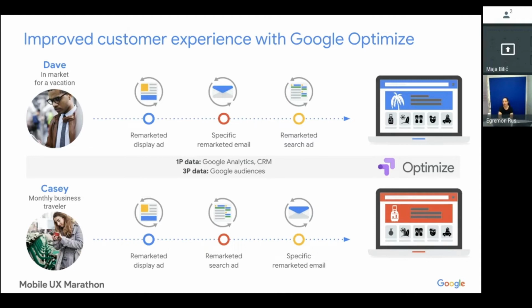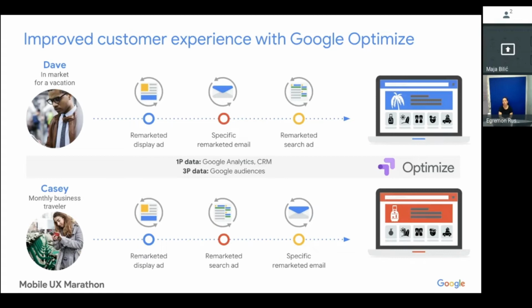He sees a display ad remarketing, he gets a specific remarketed email, and he gets remarketed search ad. He lands on a specifically tailored, personalized landing page based on the ad he clicked and what we know that he's searching for a vacation.